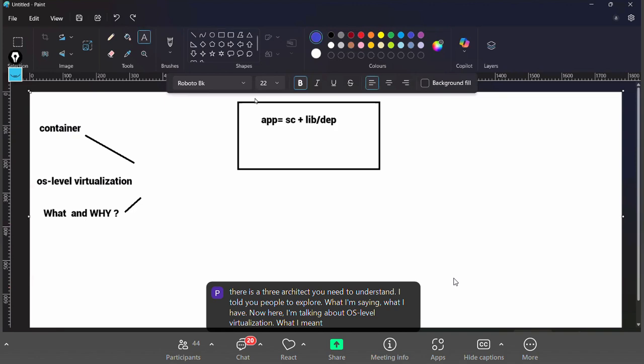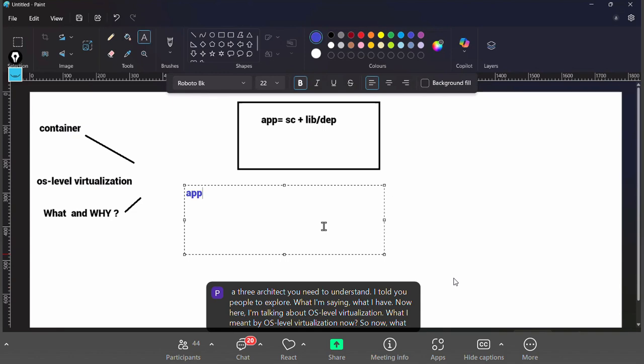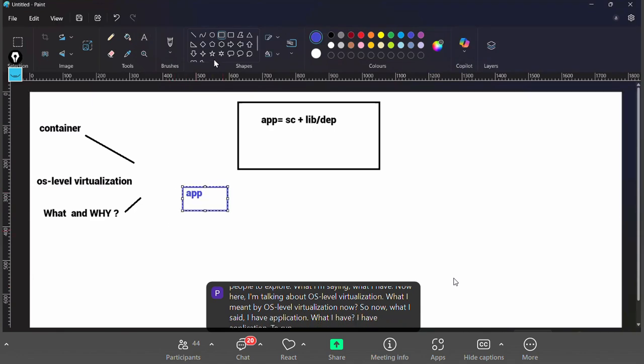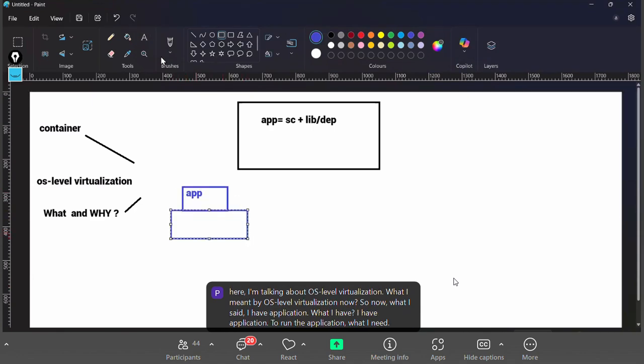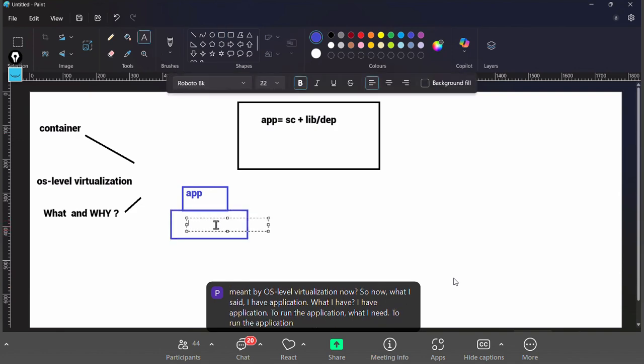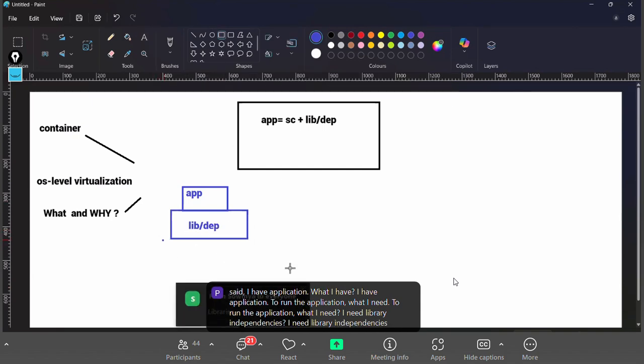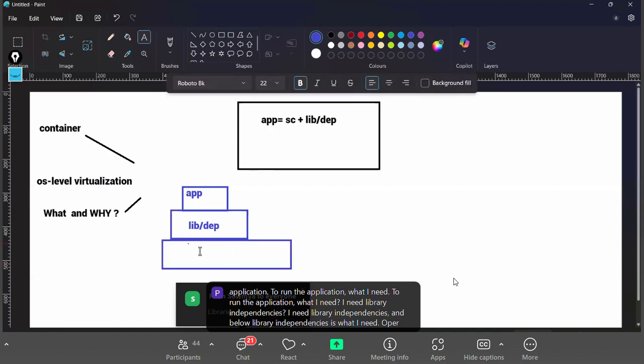I have an application. To run the application, what do I need? I need libraries and dependencies, and below libraries and dependencies, I need an operating system. I'm talking about on-premises.